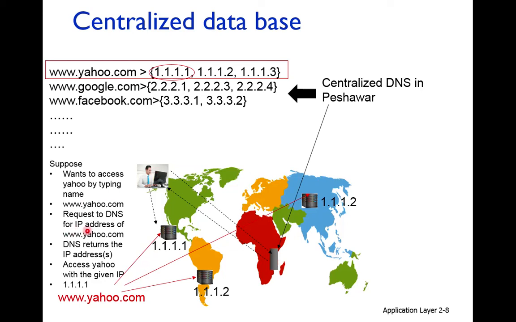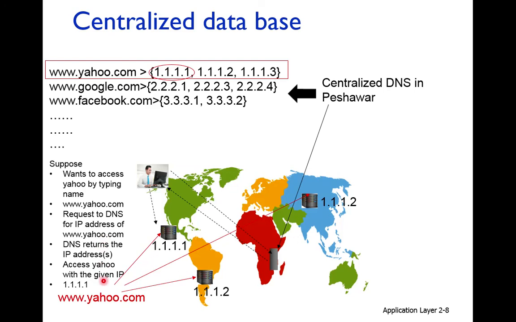Because for humans, it is easy to remember names. And for the host and the router, the machine, it is easy to work with IP addresses, the numeric values. So DNS provides the mapping from name to IP address.